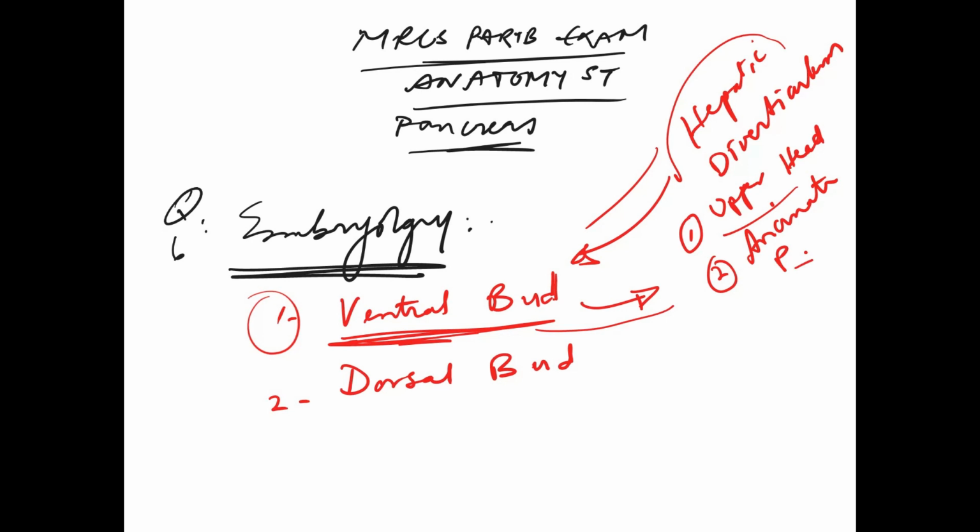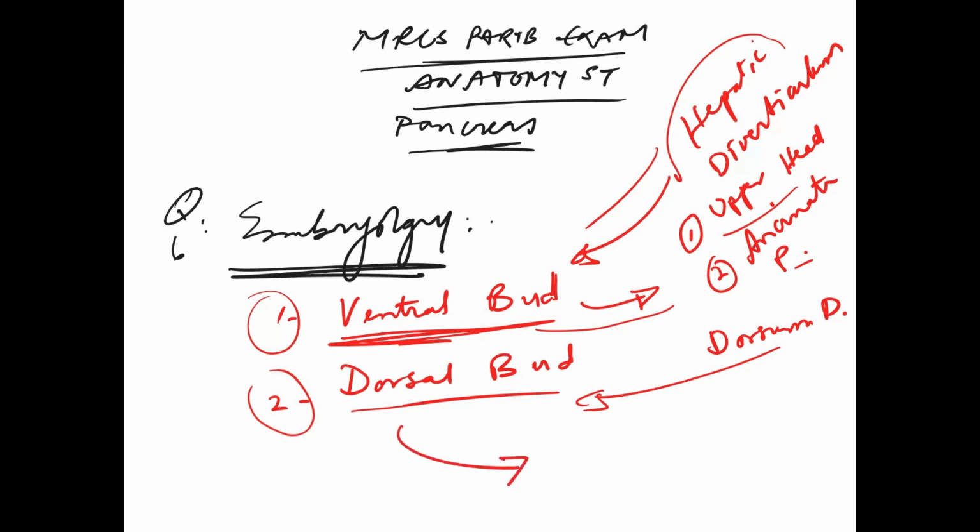The second part of this answer is the dorsal bud, which originates from the dorsum of the duodenum, so there is no problem about it. This is easy, and it forms all the other parts of the pancreas.